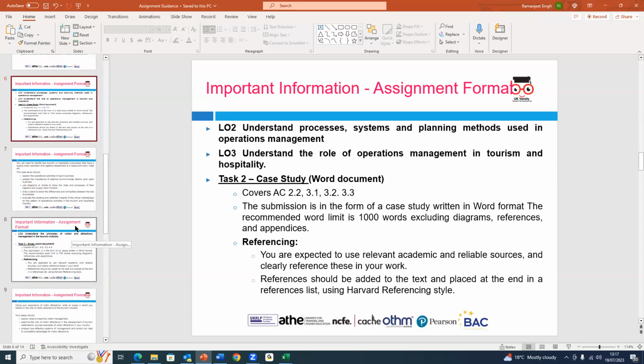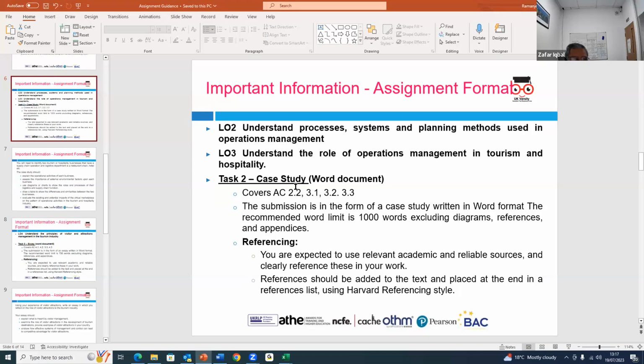Okay. The second task is a case study. Again, it's a Word document, size 12, font style Arial, and the line gap is 1.5.